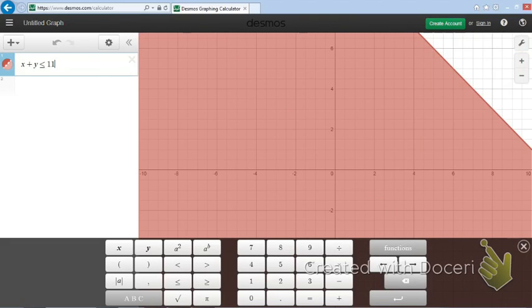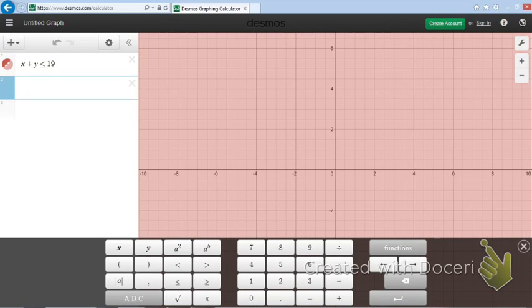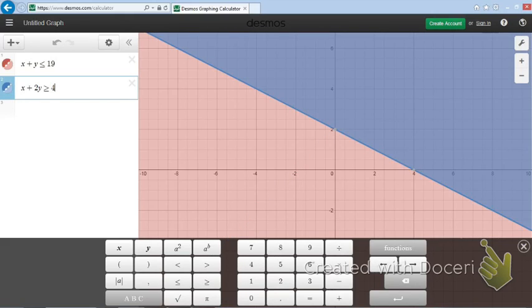And let's see, x plus 2y is greater than or equal to 4. And the third inequality, 2x plus y is greater than or equal to 4.